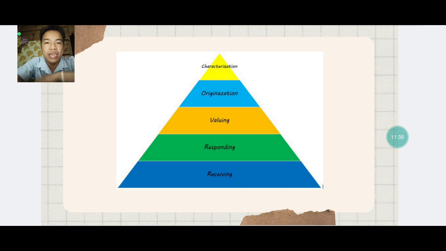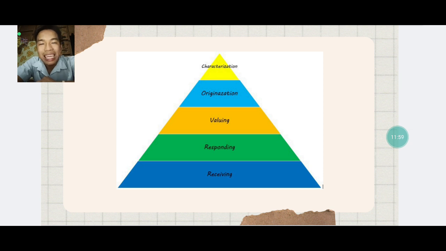It doesn't mean that you can skip parts of the hierarchy. No, you cannot attain or develop the top one if you cannot undergo or experience the different parts of that hierarchy. Always remember that it cannot be skipped.